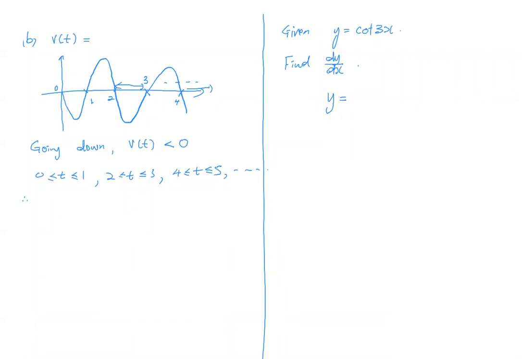Is it cos over sine? If I'm not mistaken. Yeah, you are right. Cos 3x over sin 3x. So if I want to differentiate this, I have to use quotient rule. So can everyone try quotient rule?